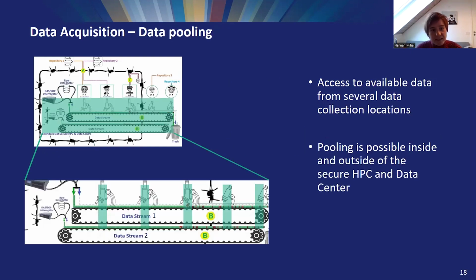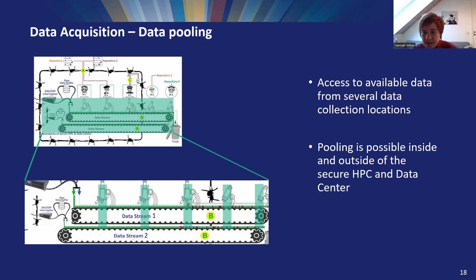We can then, if we have different interrogators, we might call this a federated infrastructure, where data users have access to several incoming data streams from different locations, collected in different secure environments. And these two data streams can be merged if that's necessary for what I want to figure out.